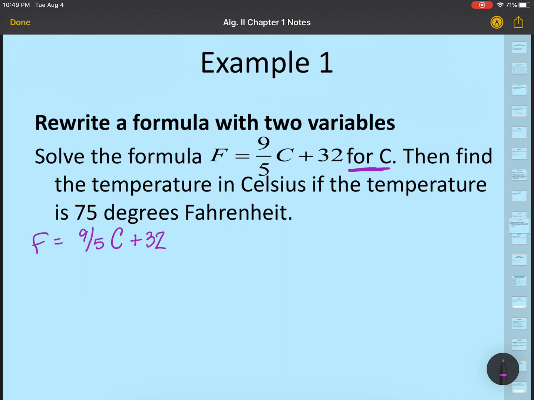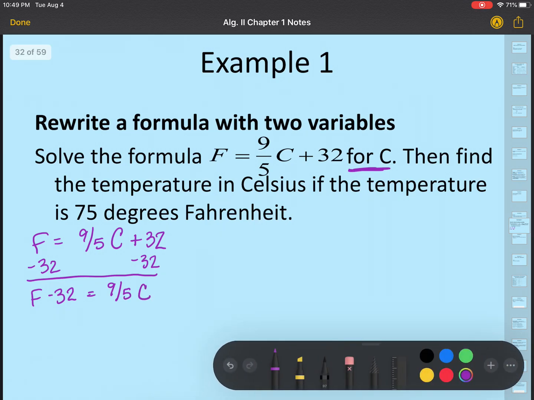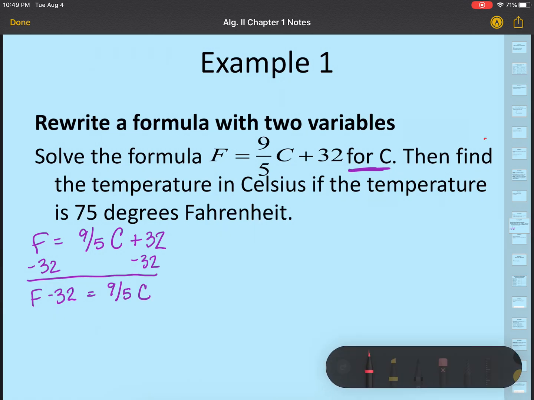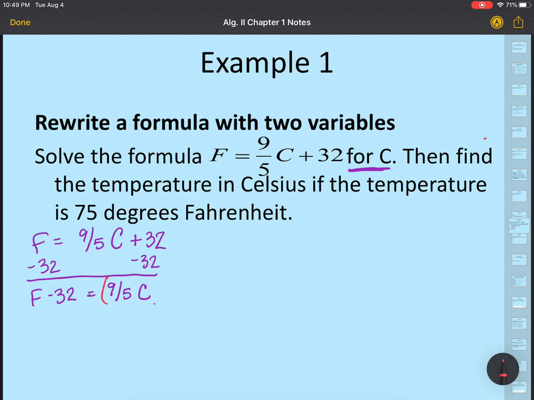So right now, let me get rid of the 32 by subtracting. I can't combine Fahrenheit and the minus 32 because they're not the same number. They're not like terms, so I'm just going to leave it alone. So F minus 32 equals 9/5 C. But here's where we get into the dilemma again. What we're going to do is multiply by the reciprocal of 9/5, like we talked about in section 1.